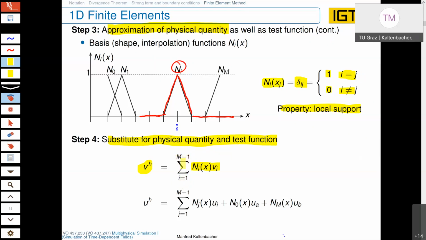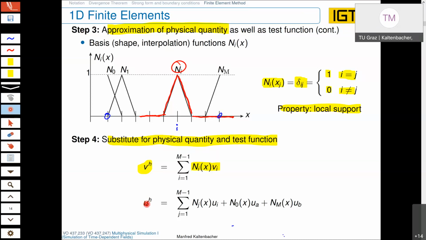Yeah? Because at these boundaries of our computational domain, so this is the node 0, and this is the node with index M, we don't need them, because there our basis function, our test function is 0.